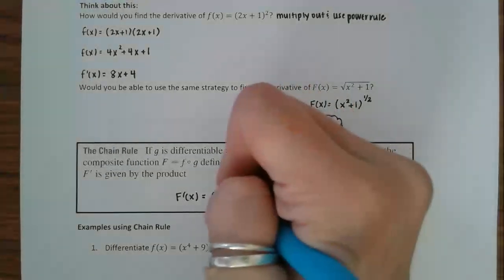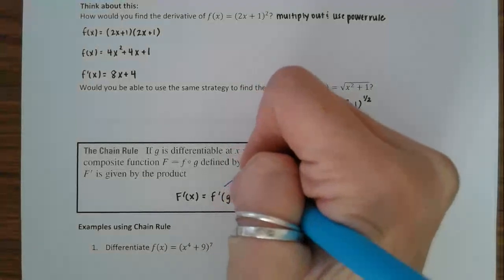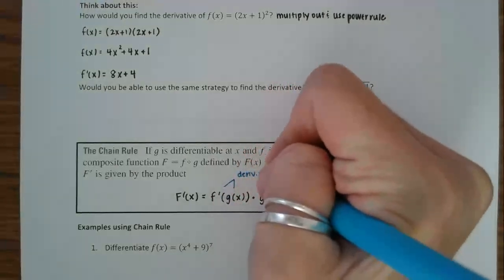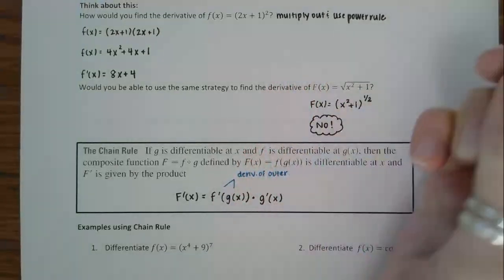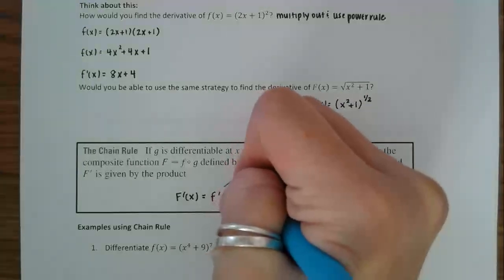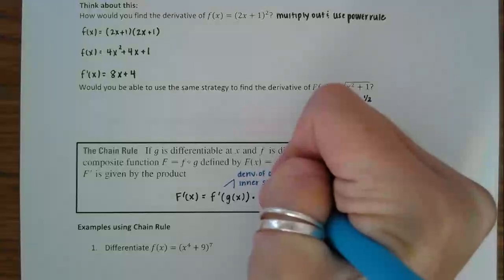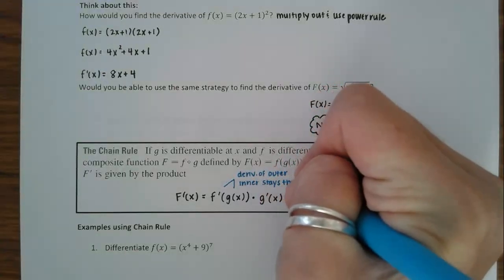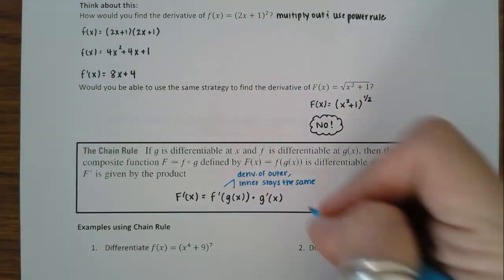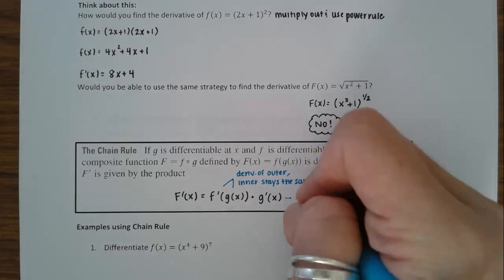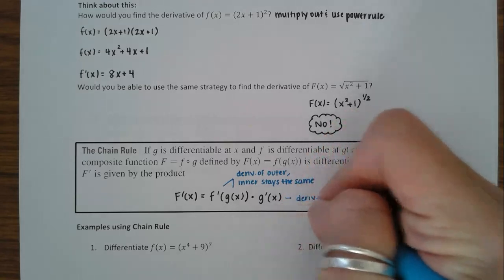So this first part is the derivative of the outer function while the inner function stays exactly the same. And then this piece over here is the derivative of the inner stuff.